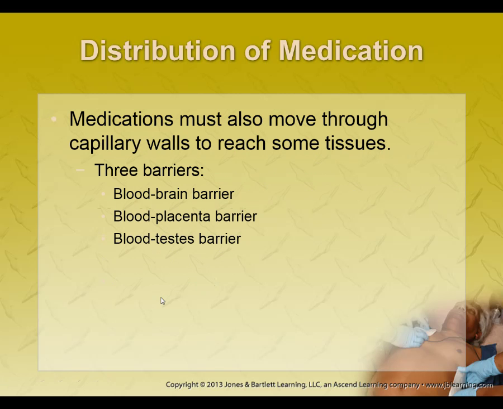Medications must go through the capillary wall to reach some tissues. That means that there are three barriers that they could potentially pass through. Narcotic medications definitely pass through the blood-brain barrier. Any kind of nervous system medication is going to pass through the blood-brain barrier.